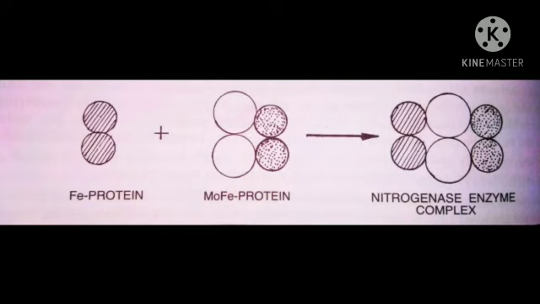So to protect nitrogenase, leghemoglobin binds to oxygen, and it helps to maintain the microaerobic conditions in the mature nodules. Nitrogenase is responsible for nitrogen fixation, so leghemoglobin protects it from inactivation. How? Leghemoglobin binds to the oxygen and helps to maintain microaerobic conditions.